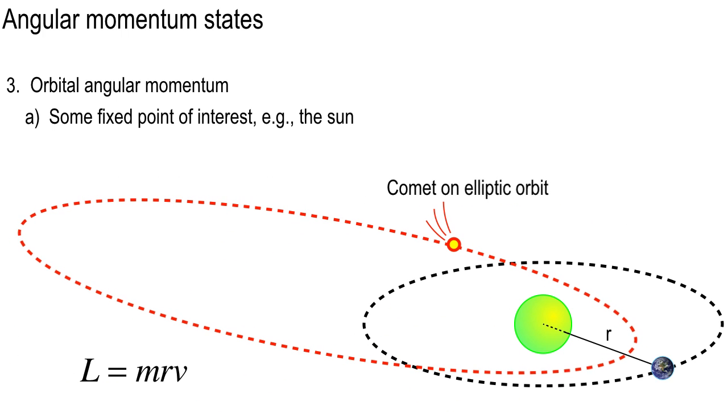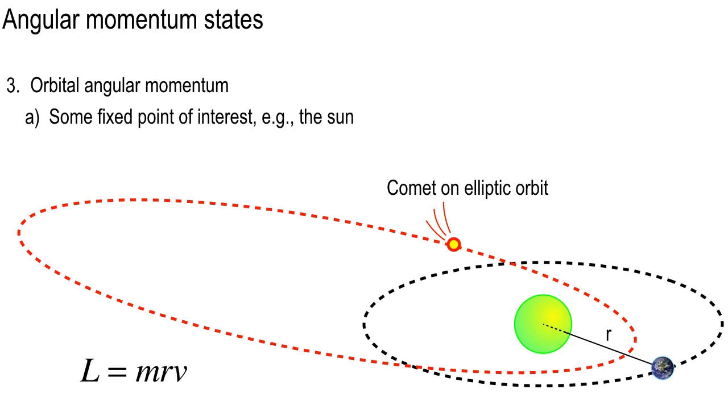Now, you can do a similar calculation for a comet on an elliptical orbit. Go ahead and try to sketch that in. Because a comet on a highly eccentric elliptical orbit is just obeying gravitational forces from the Sun, but it has a different velocity state.